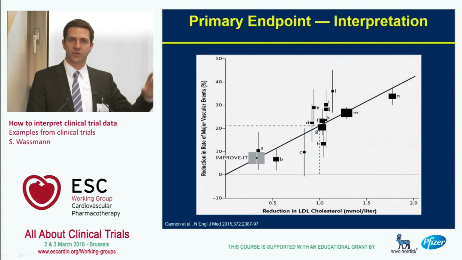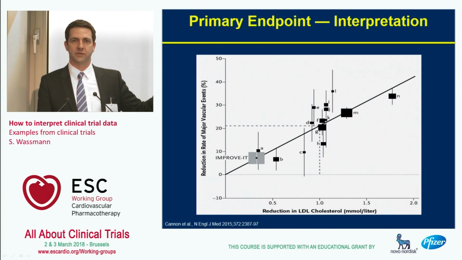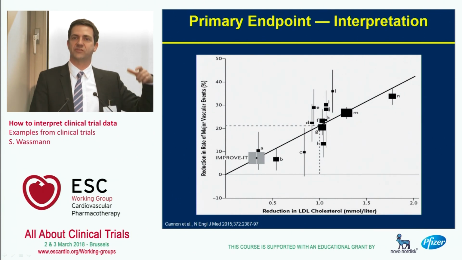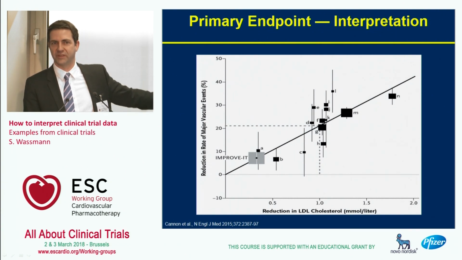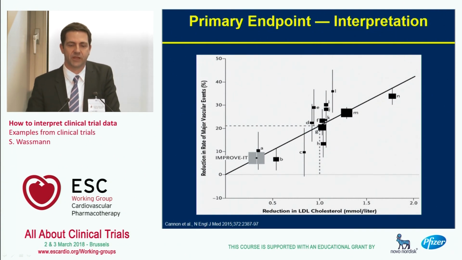So we have just a low reduction in LDL cholesterol, but this translates perfectly into reduction in events, and it fits perfectly to what we know from other trials. Okay, should we give this drug to certain patients? That's a different question, and I don't want to ask that question now.